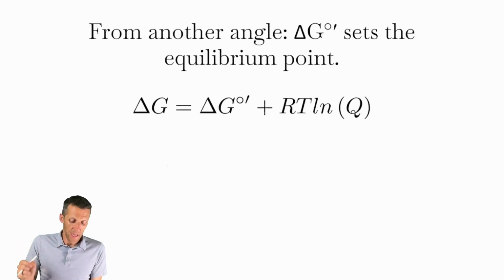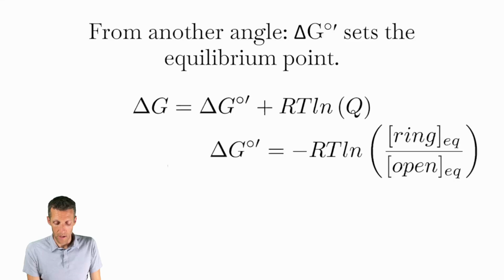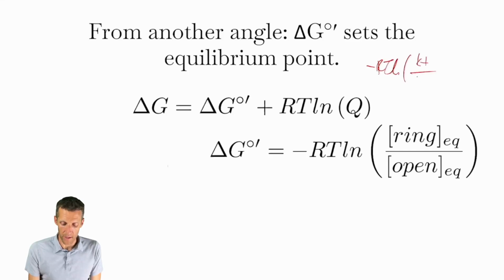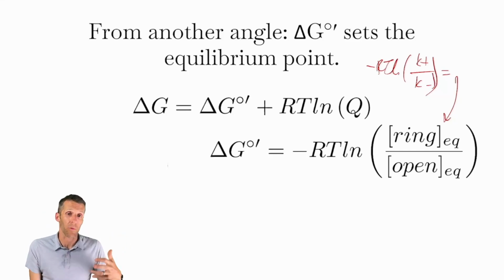So that's one interpretation. Another way to think of it, and this might actually be more useful in some classes, is that delta G naught prime is setting the equilibrium point, or the equilibrium direction, for a reaction. Recall I said earlier that minus RT log of K plus over K minus equals minus RT log of the equilibrium concentration of the products over the equilibrium concentration of the reactants.